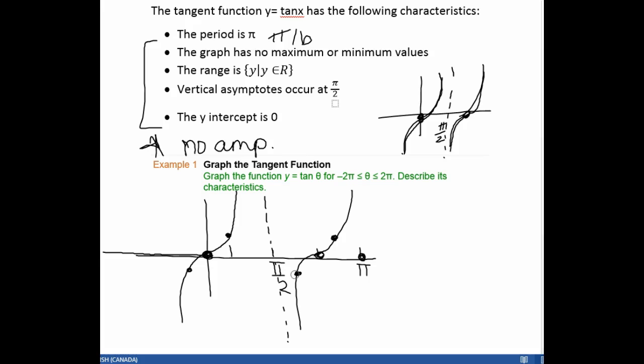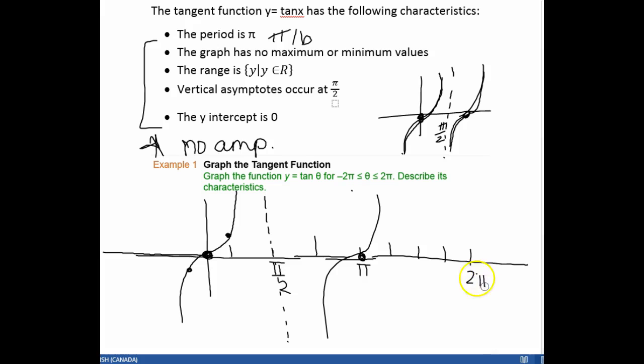Oh, sorry, I drew this on the wrong dot. I messed my dots up. We have a tick here. Our picture should be here like that. Okay, and then it would just keep repeating. So if it said you had to do it for 2 pi, 1, 2, 3, 4, this would be 2 pi.